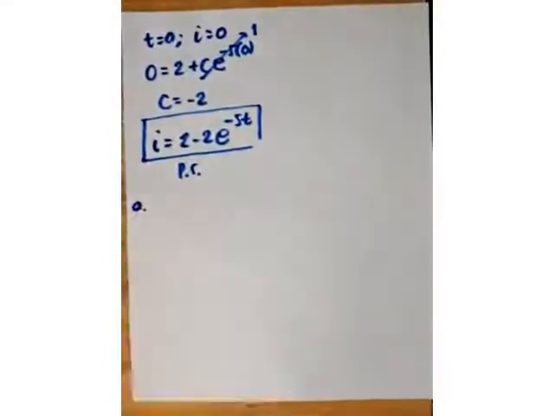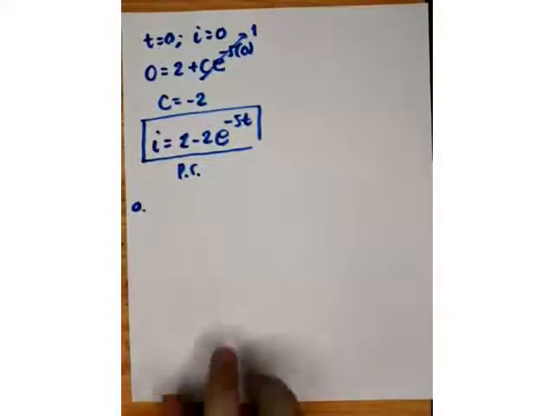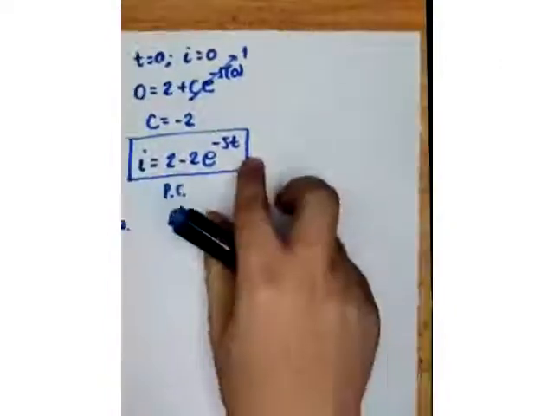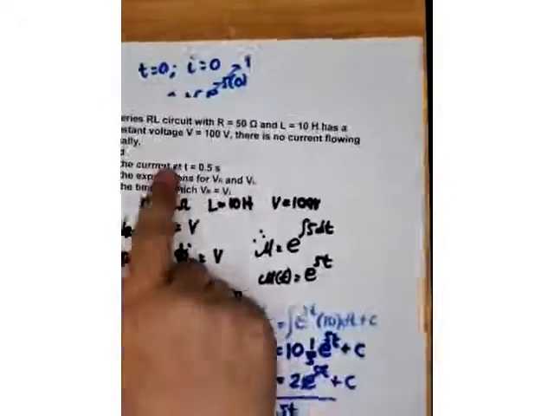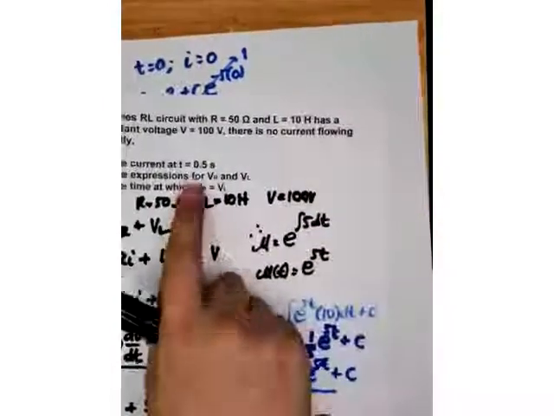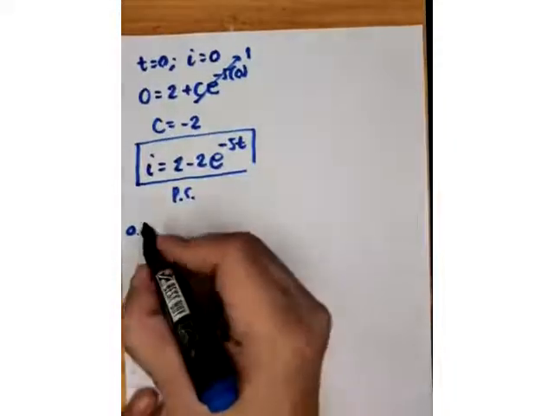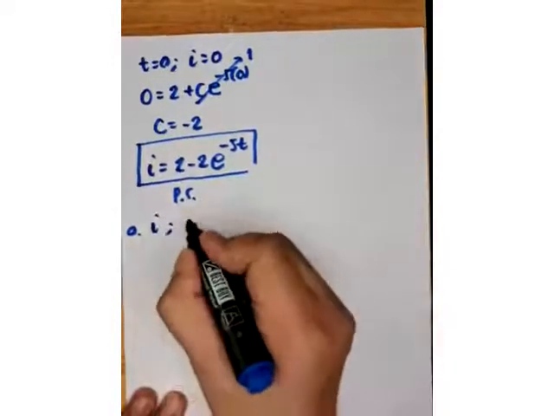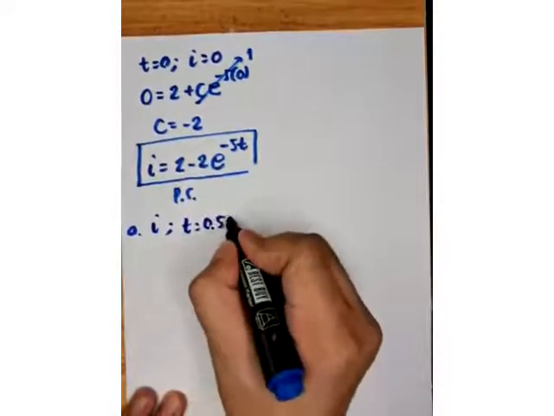So, may question? Now we can start answering the first question. What is the current when t is equal to 0.5 seconds?